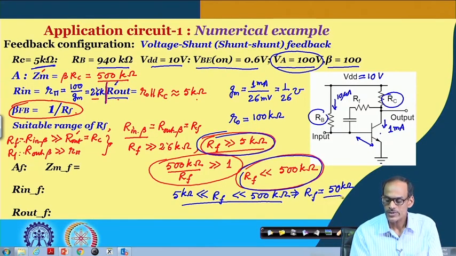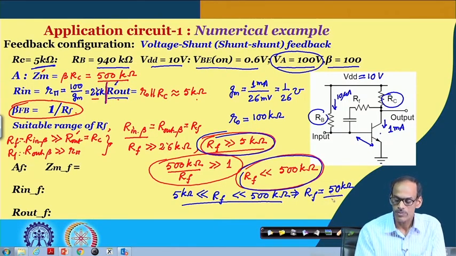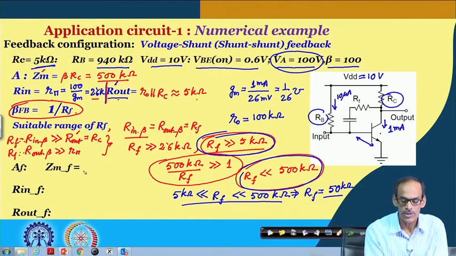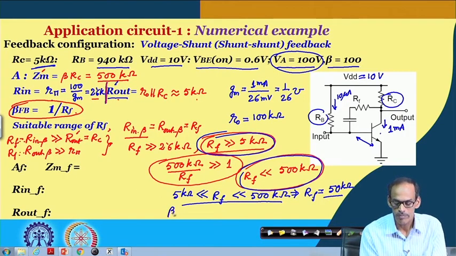And if I consider Rf equal to 50, then beta FB into Zm dash, Zm dash is 500, and beta FB is 1 by 50.